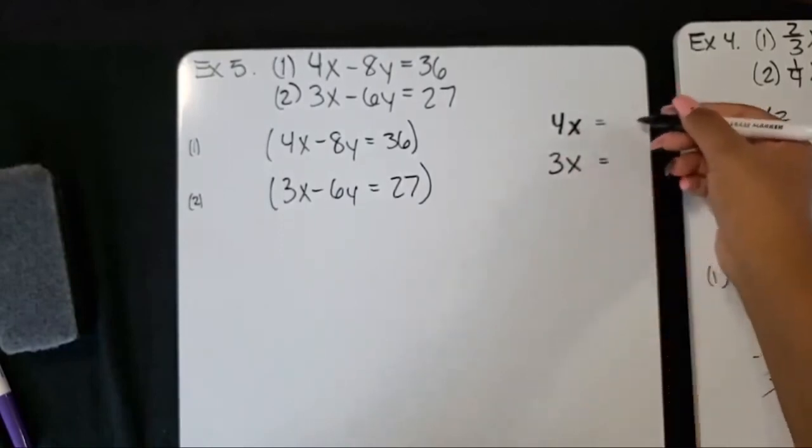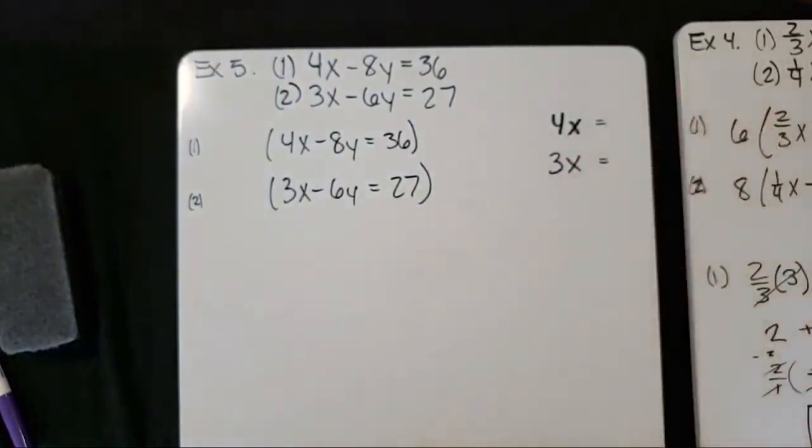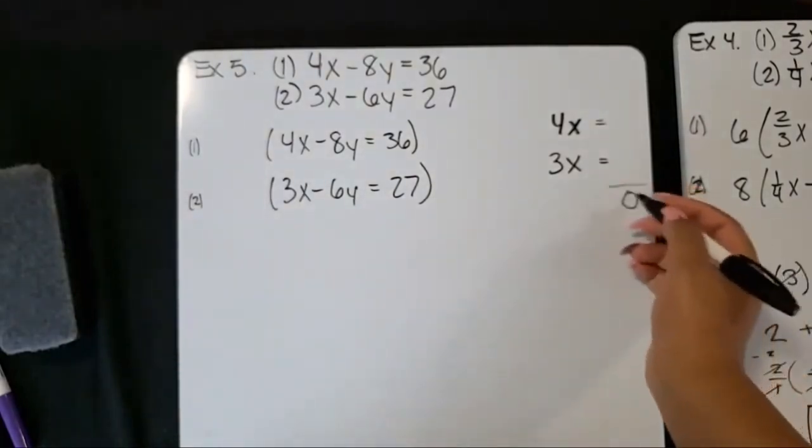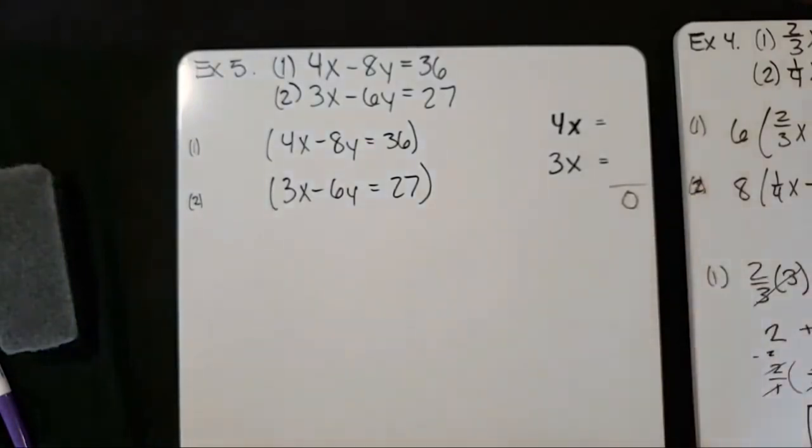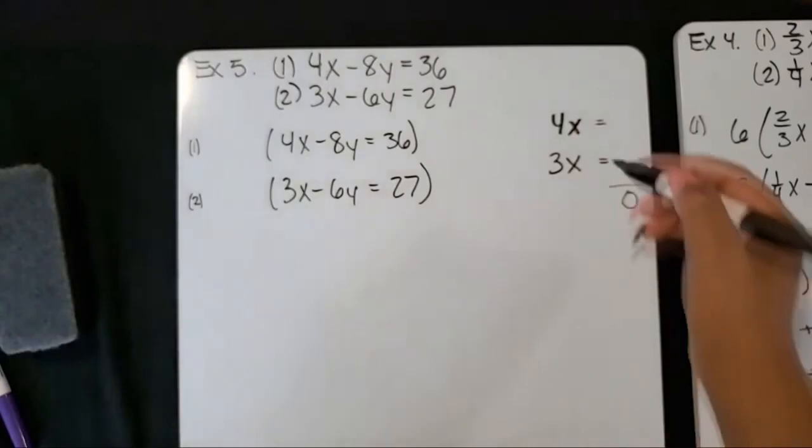We want to get something the same and opposites of each other, so that when we add them, we'll get 0. That's what we want.